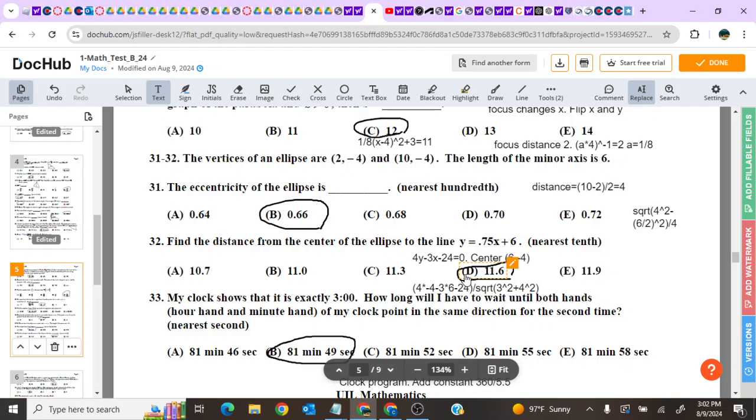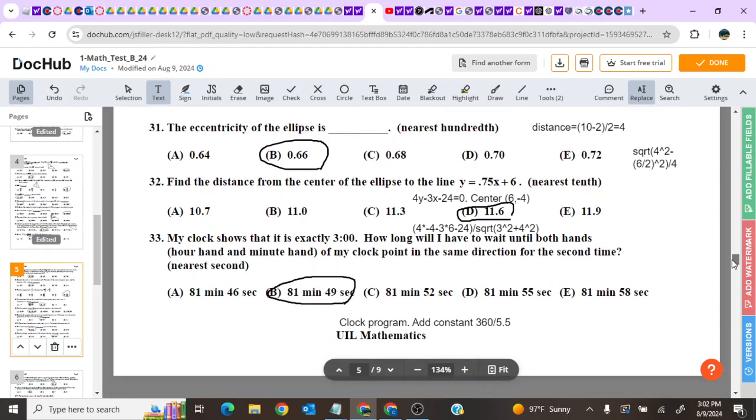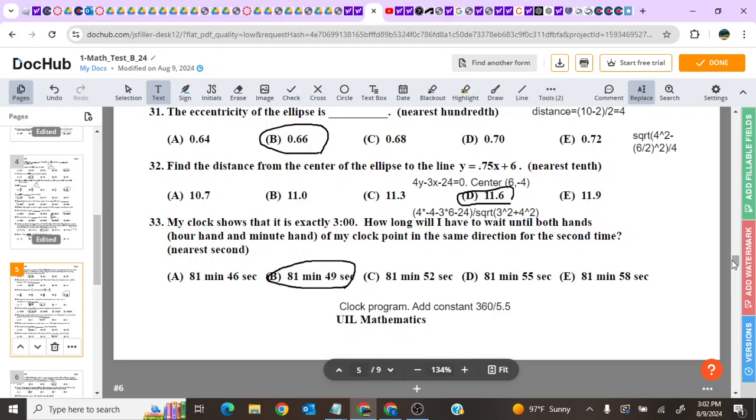My clock shows that it's exactly 3 o'clock. How long will I have to wait until both hands of my clock point in the same direction for the second time? Well, we have a clock program that will get you the amount of time it takes for them to overlap the first time. So you'll use your clock program, put in 3 hours, 0 minutes, and then you have to add a constant of 360 over 5.5.